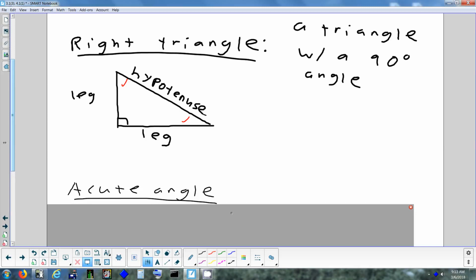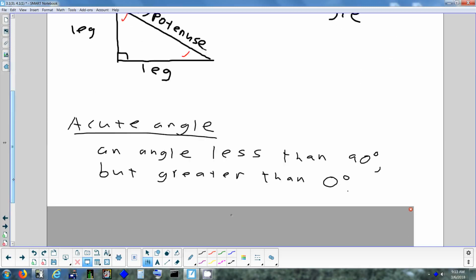Anybody know what else it has to be? Because I could definitely name a number that falls into what Alan just said that's not acute. Yep? Greater than 0. It's got to be greater than 0. And if you're like, well, are angles ever negative? Yeah, we've talked about negative angles. But in a triangle, we don't deal with that. So an acute angle, less than 90, more than 0.